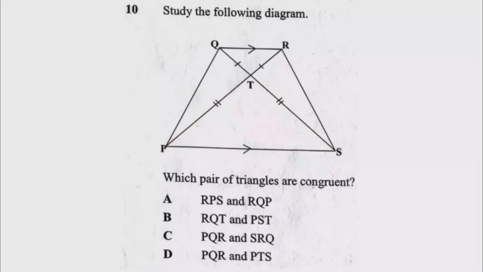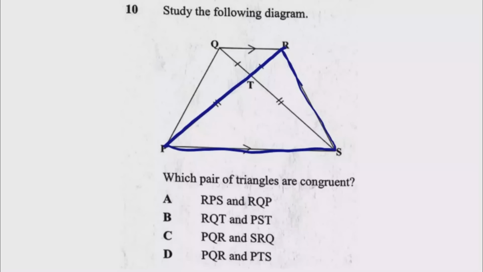Let's start with option A, which is RPS. Which triangle is RPS? So let's identify the triangle RPS. We start from R going to P, then S, then back to R. This is triangle RPS.